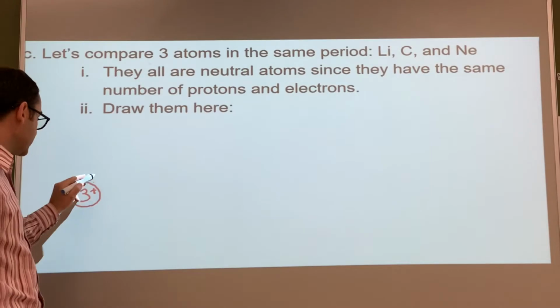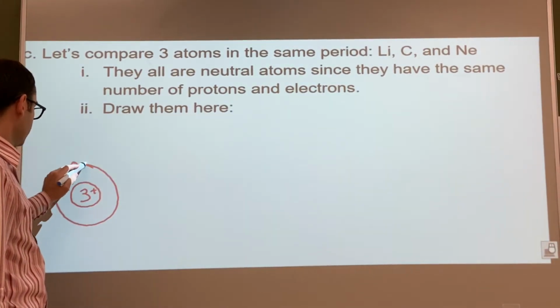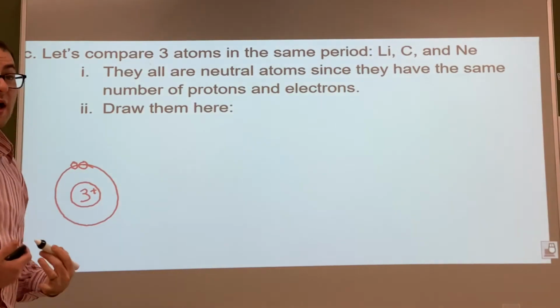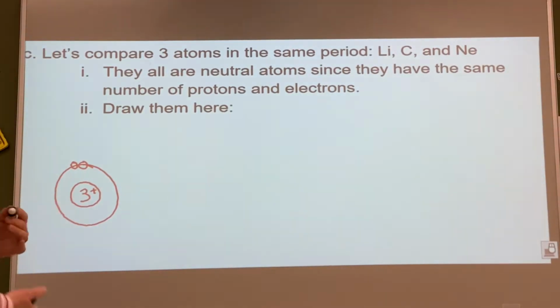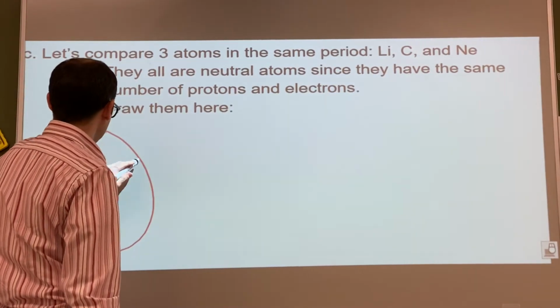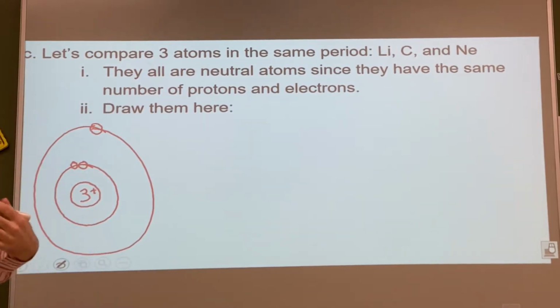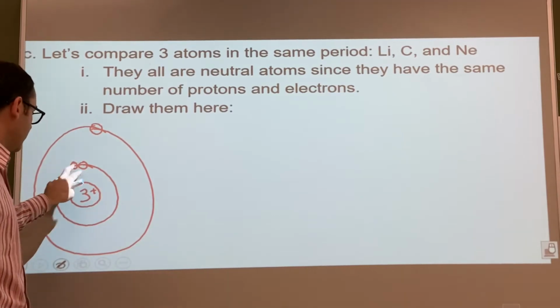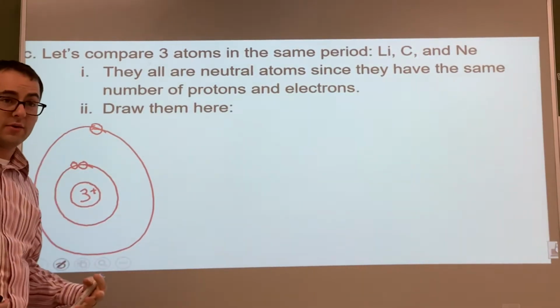Okay, how many electrons can you have in your first energy level? 2. How many electrons does lithium have in total? 3. So where's the third one go? Second energy level. For right now, we don't have to worry too much about drawing them in the correct locations, but this looks pretty good. First energy level has 2, second energy level has 1. We're okay with that, right?